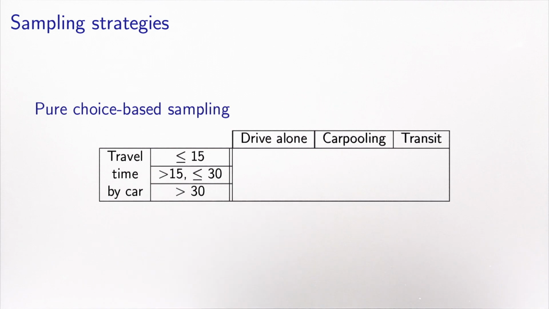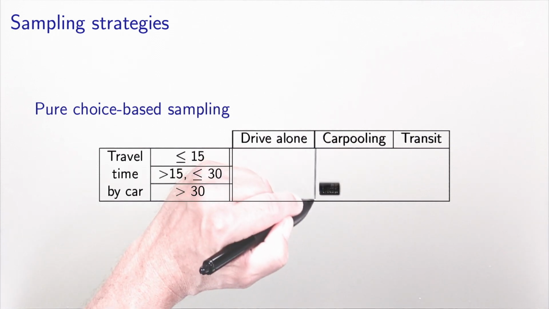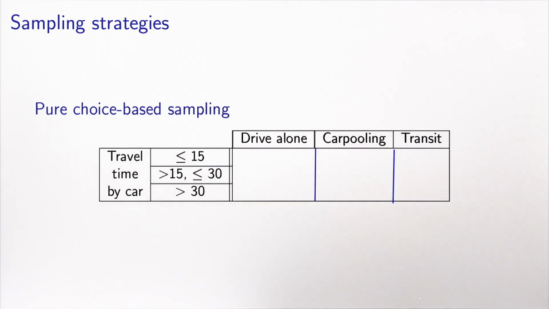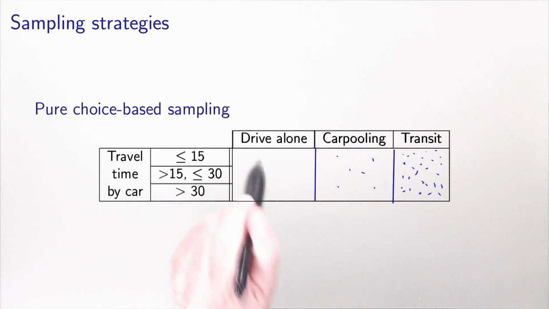The next category is the pure choice-based sampling. Well, in this case, the definition of the strata depends on the choice. So I have a strata for drive alone, carpooling, and transit. And again, as I explained before, it may be easier to collect data for transit, so I will have more data here as opposed to here or here.